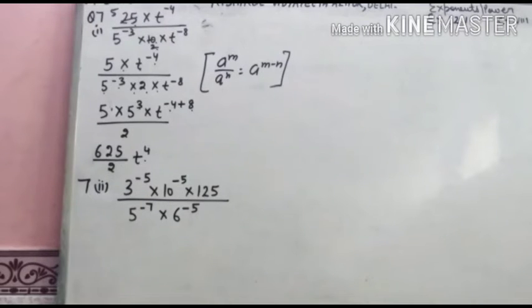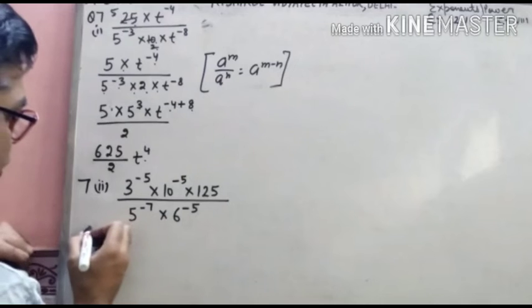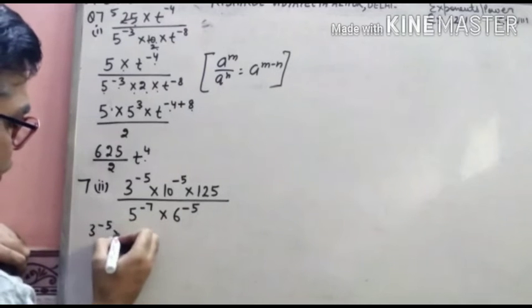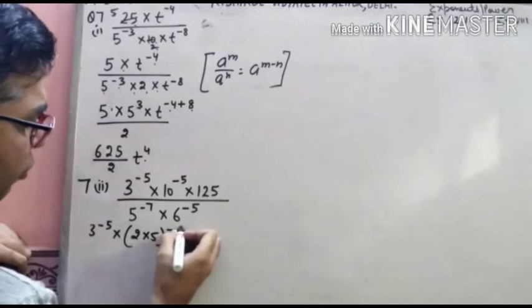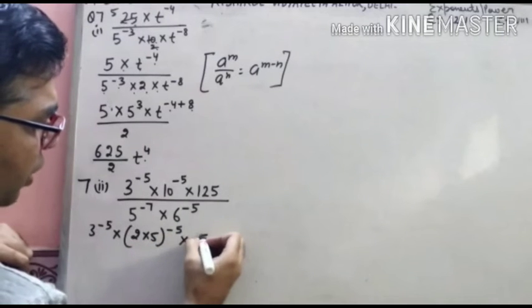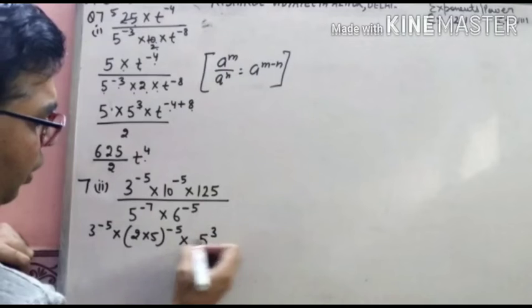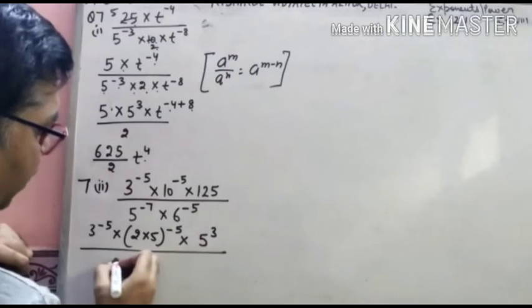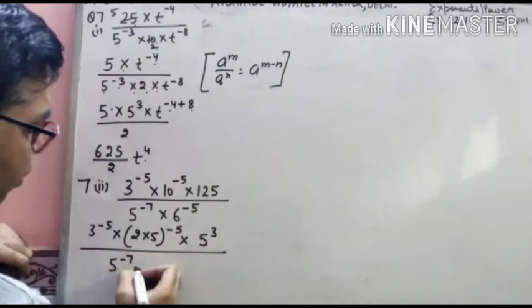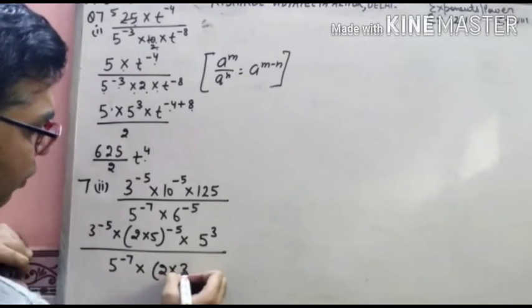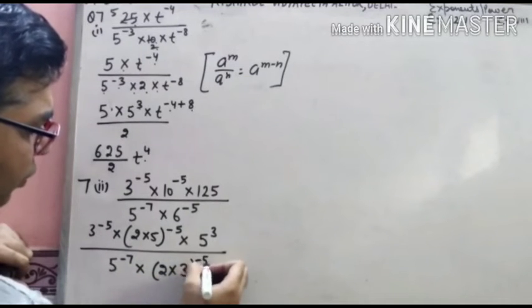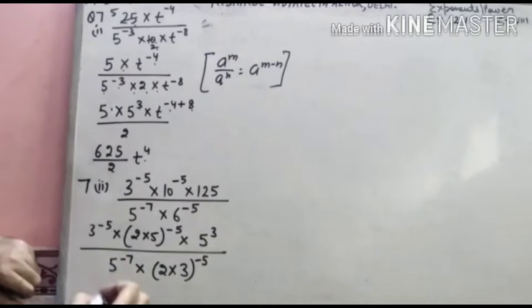There are different alternatives to solve it. First of all, I can write 3 raised to power minus 5 into 10 can be written as 2 into 5 raised to power minus 5, and 125 can be written as 5 raised to power 3, and in the denominator 5 raised to power minus 7 into 2 into 3 raised to power minus 5.